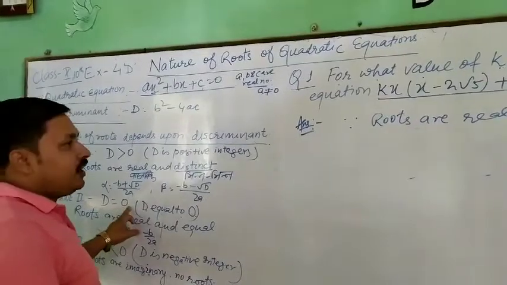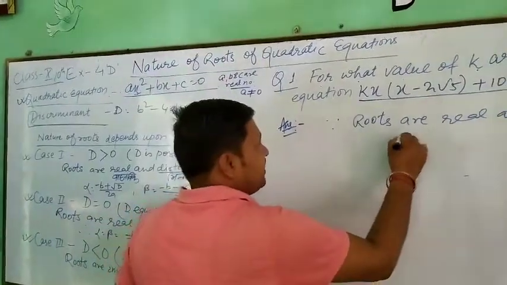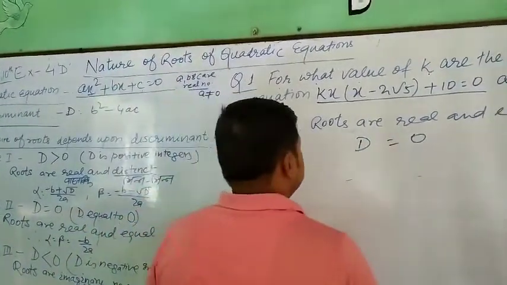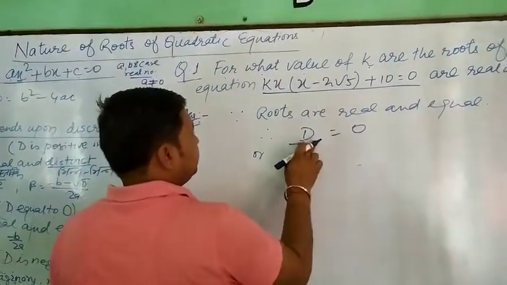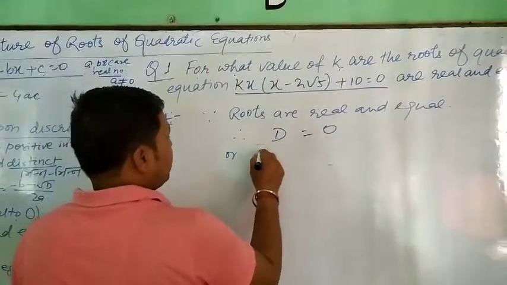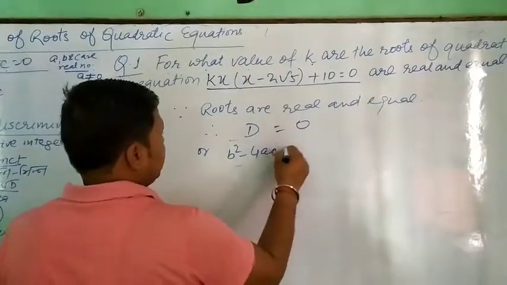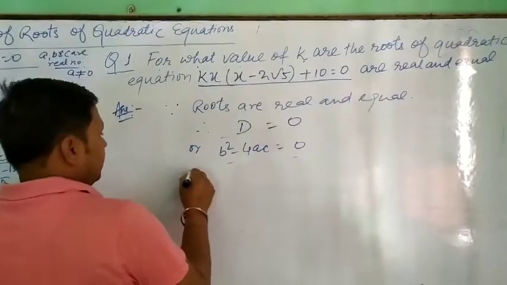That means D equal to 0. So D equal to b square minus 4ac equal to 0.